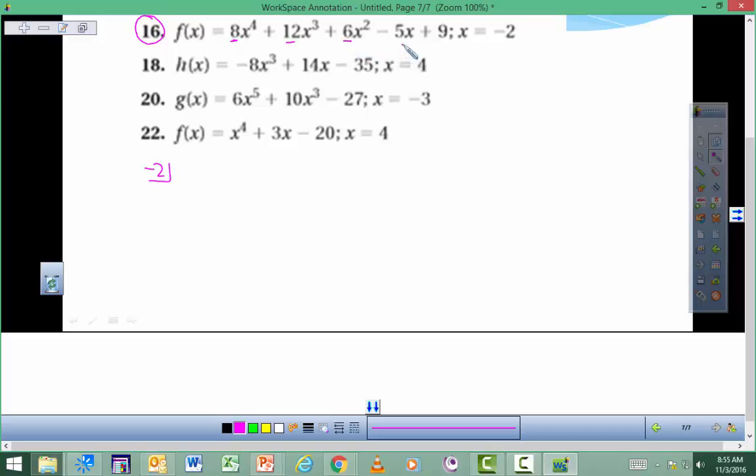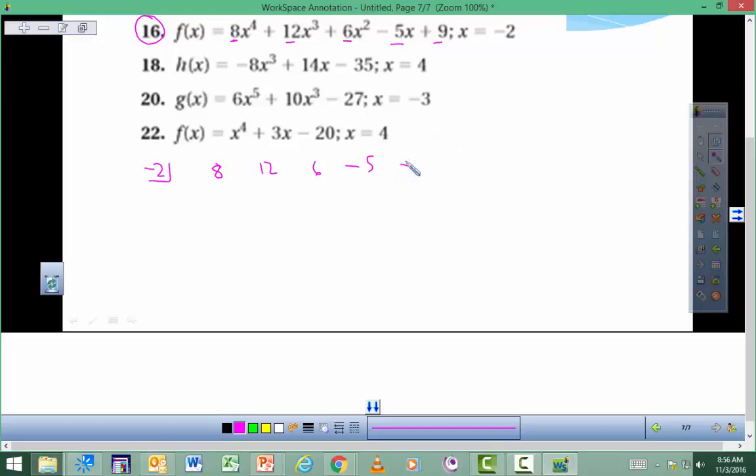Oh, no. There's none missing, so this time we don't need a 0. So we put an 8, a 12, a 6. We have the option to do direct, but you follow the directions. If they say do direct, you do it that way, because you have to know both.